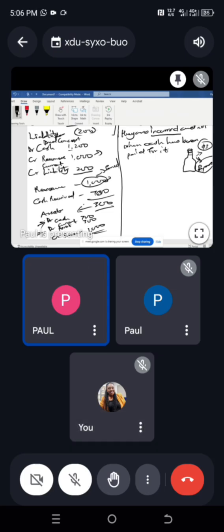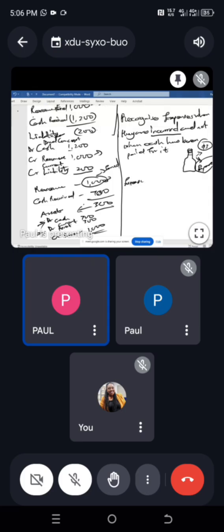Now, let's say your expense incurred could be electricity. Let's say it was 2,000 Ghana cedis. However, you paid, cash paid is, let's say, 1,200. Please, what does it mean? There is a difference of 800.